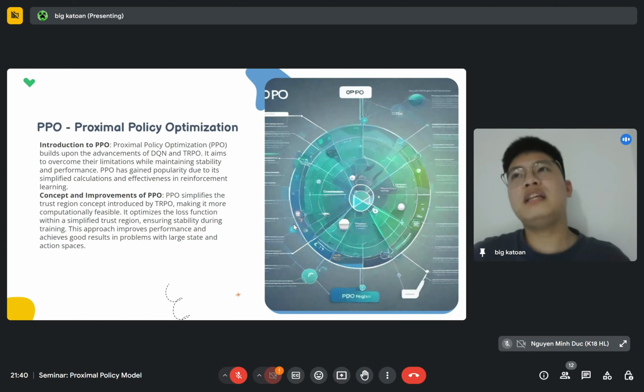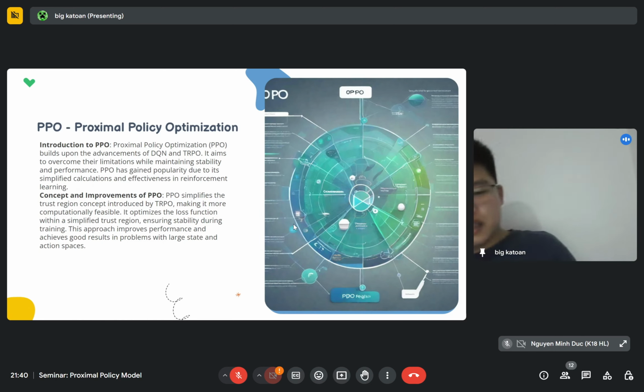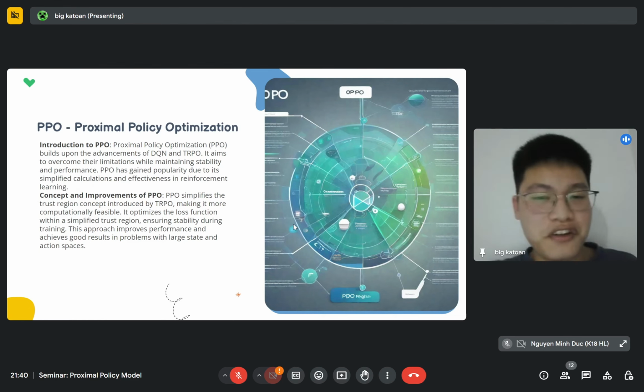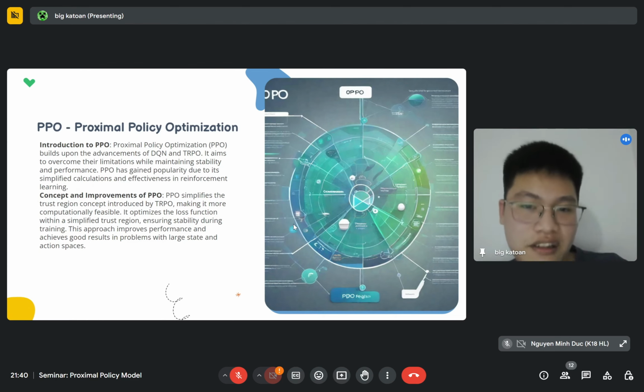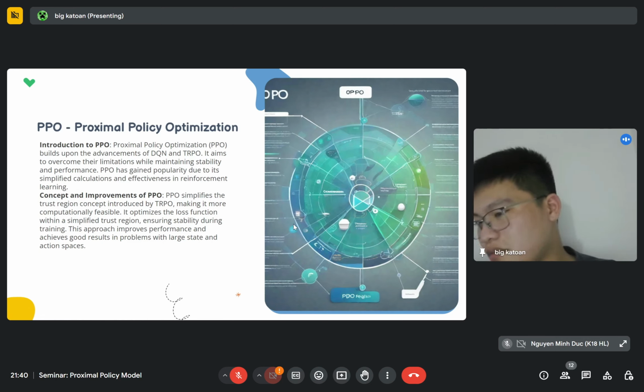They still use the KL divergence, but now the clip function is easier to compute. It's just easier to compute and works better in online situations.